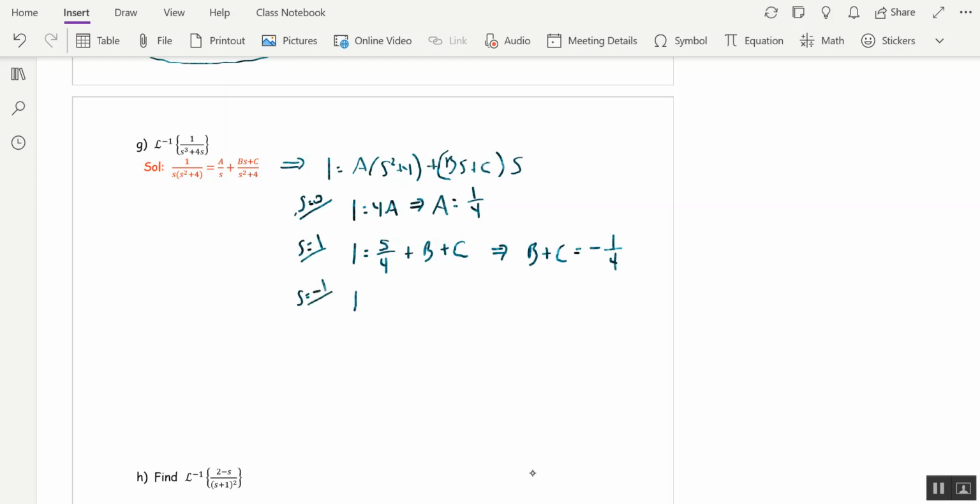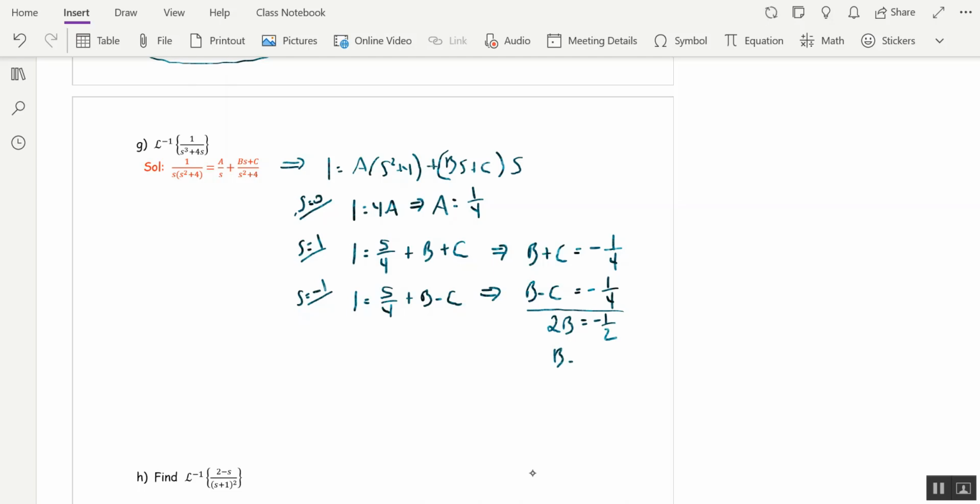And then I get 1 equals, again, 5/4. But now, when I put negative 1 in for s, I get plus b minus c. And so that tells me that b minus c is also negative 1/4. Okay, 2 equations, 2 unknowns. This gives me, I'm just going to add them together. 2b is negative 1/2.